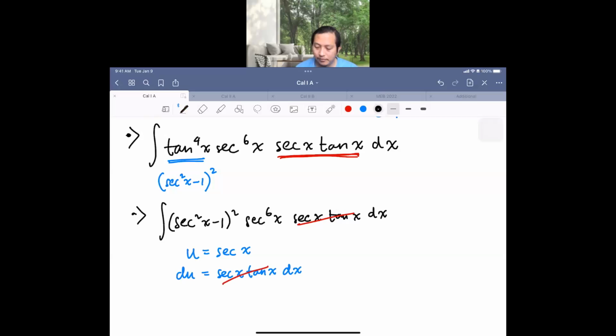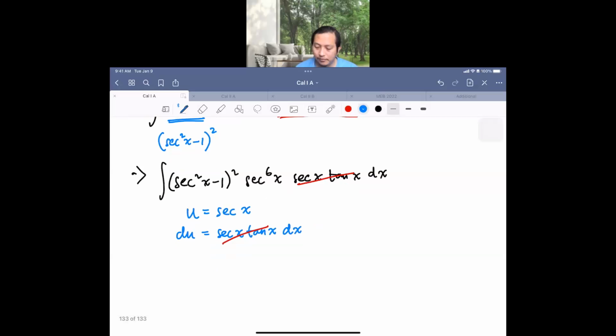So we are going to have, let me just write over here, u squared minus 1 squared, and then u with power of 6. So we solve this first. So we'll have u^10 minus 2u^8 plus u^6.